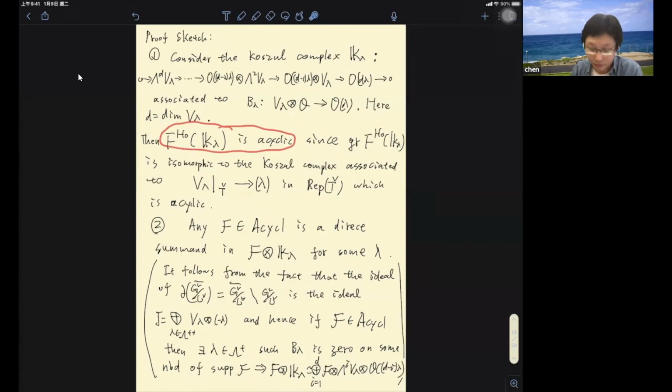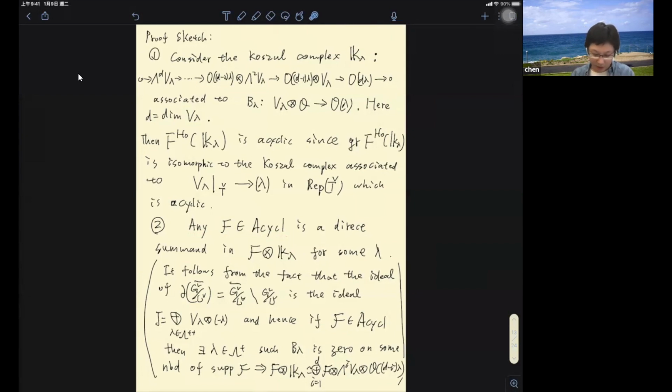Therefore, by the property, the original complex is cyclic. Now, the second fact is that any complex whose cohomology is supported on the boundary is a summand of a tensor of F with the Koszul complex for some lambda. If we assume those two things, then we are done, because this implies that our functor will map complexes whose cohomology is supported on the boundary to a cyclic complex.